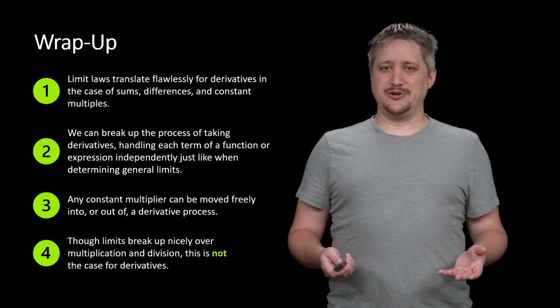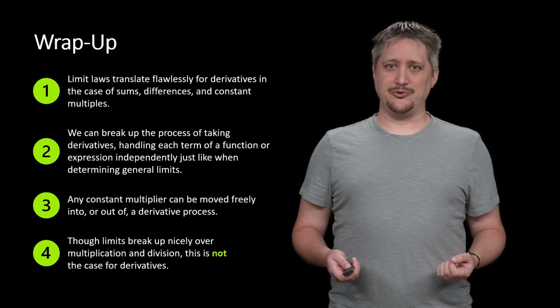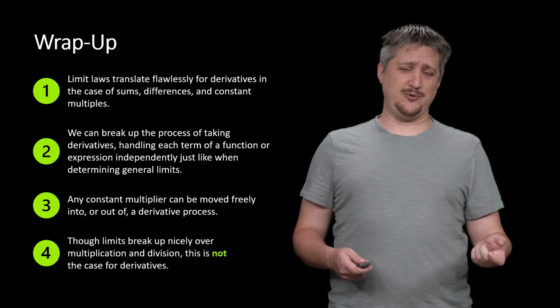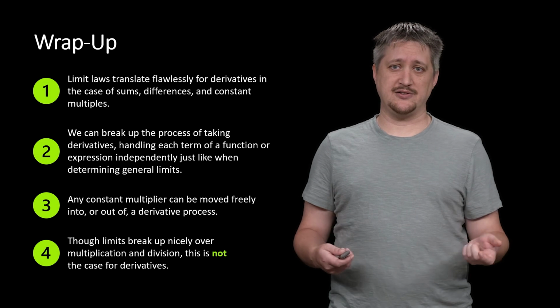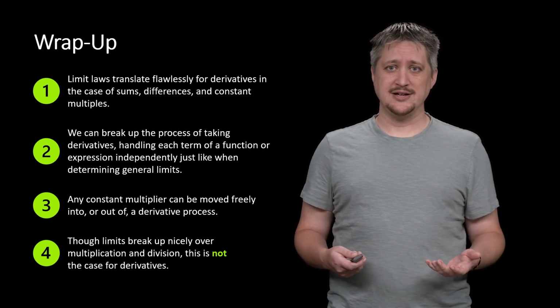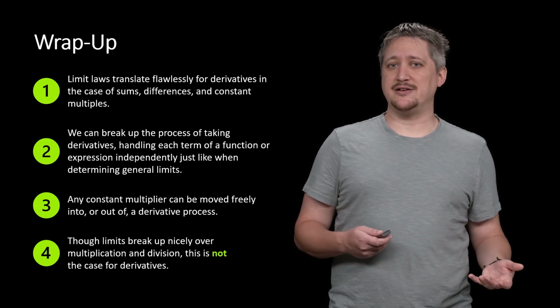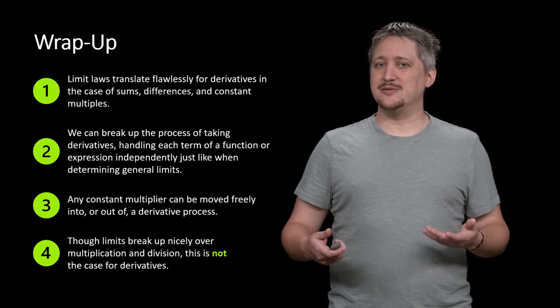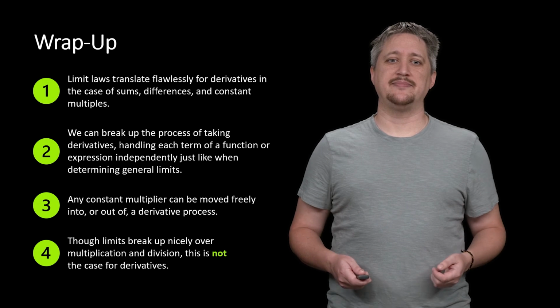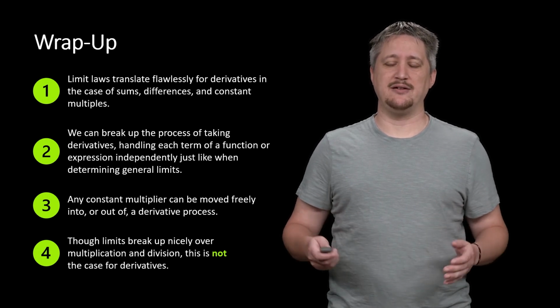Turns out this is not going to be the case for derivatives. Derivatives play well when it comes to adding, subtracting, and constant multiples. All those things work nicely. When it comes to products and quotients, there's going to be a little bit more that we have to tackle. Okay, so that's looking ahead a little bit.